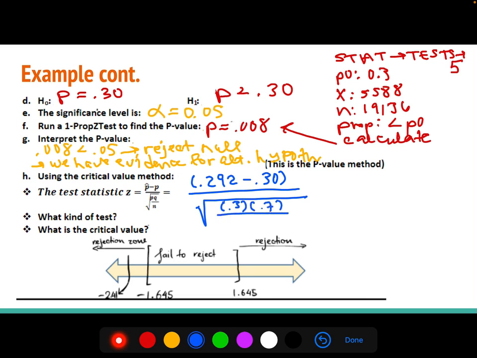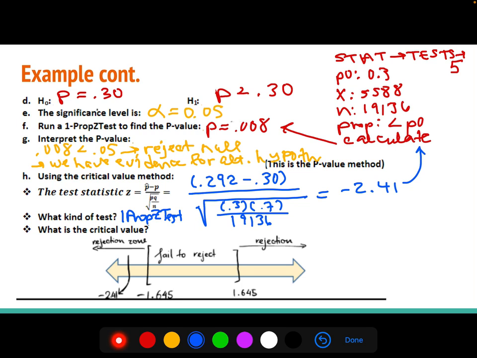P is 0.3, Q is 0.7 over N, that's 19136. We figure that out, and Z is negative 2.41, which we also would have gotten from here too. It would have given that Z for us as well. What kind of test did we use? We used a 1 prop Z test.